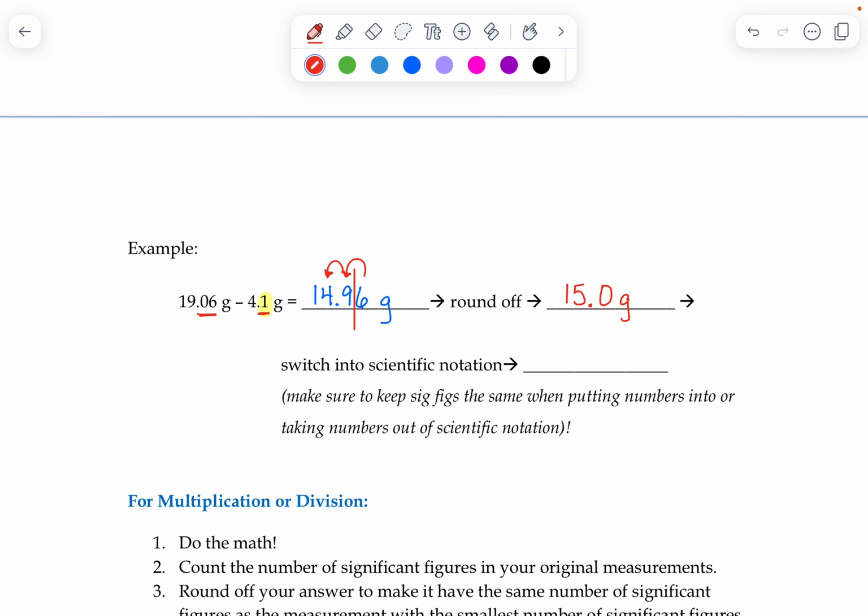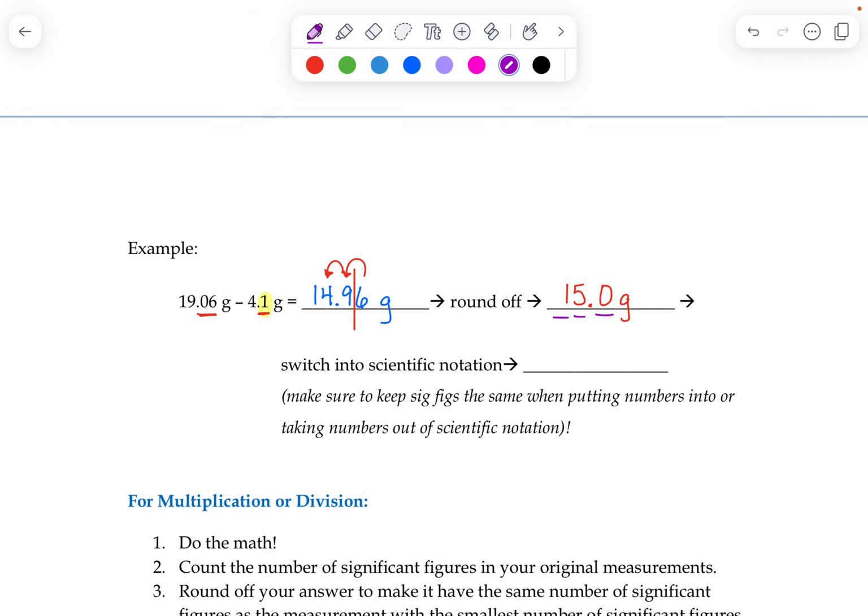You should be comfortable taking numbers in and out of scientific notation in this class. When you do, if you are ever asked to put measurements in and out of scientific notation, just make sure that your sig figs stay the same between your standard format answer and your scientific notation answer. So this guy has 3 sig figs.